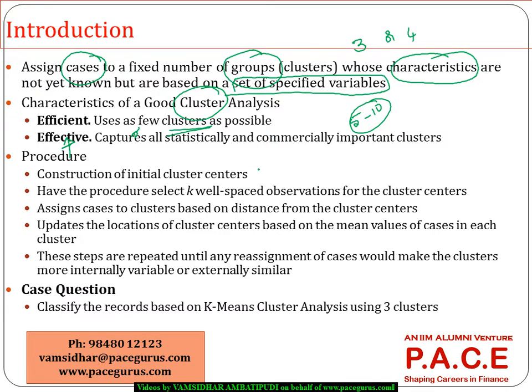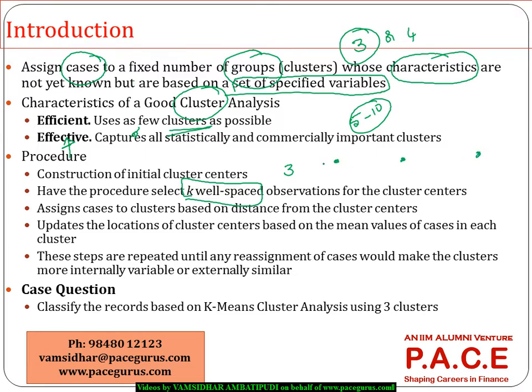So the way it starts off is depending on what I mention as n number of clusters that are required. So assume that I am talking about 3 clusters that are required. What SPSS will take is K well spaced observations, means the observations which have a decent amount of gap. It takes K such well spaced observations and forms the initial cluster centers.